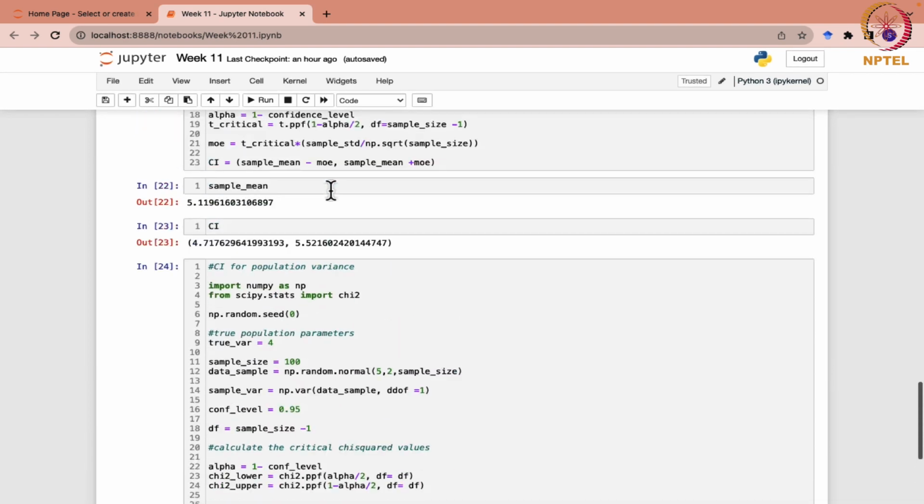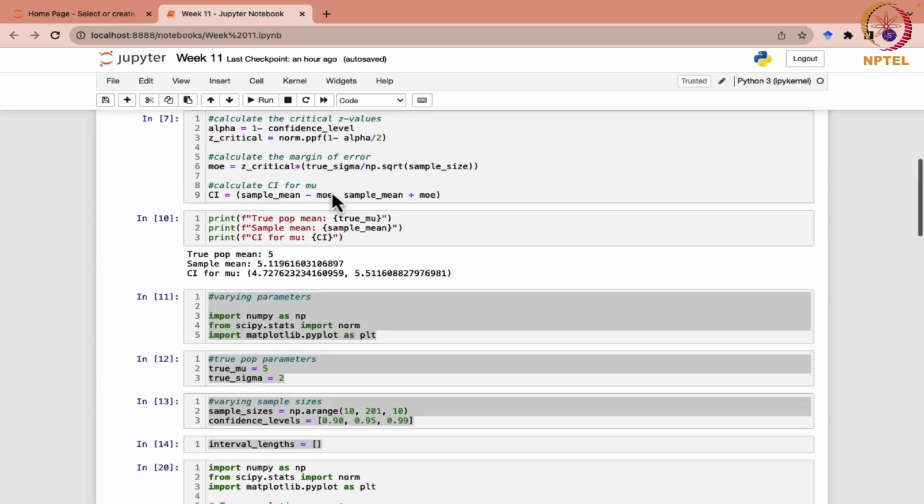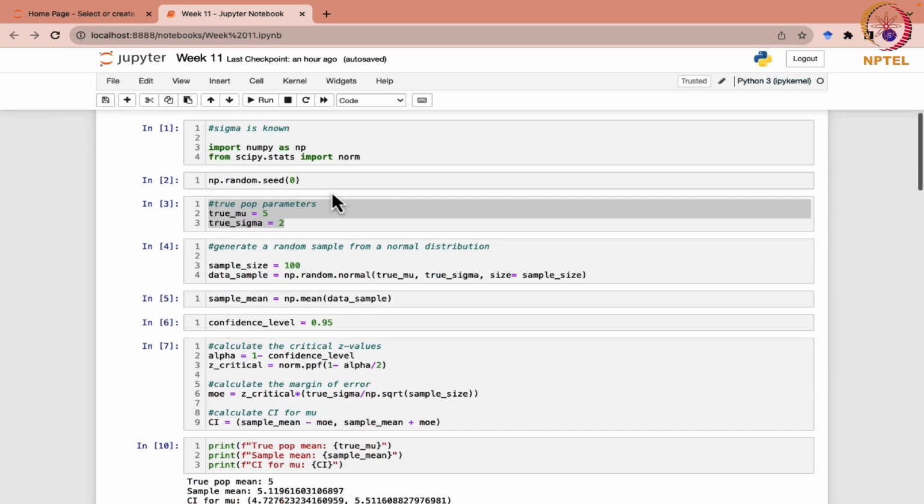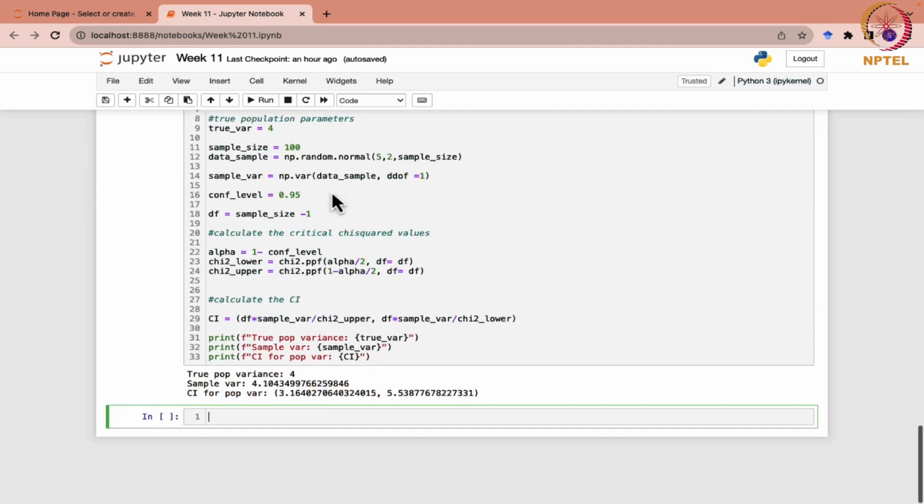Last but not the least, we have seen till now confidence intervals for the mean in different cases, and we have also seen the impact of changing the sample sizes on the confidence interval length. Confidence interval for population variance is also done. Last one for this week is the confidence interval for population proportion.